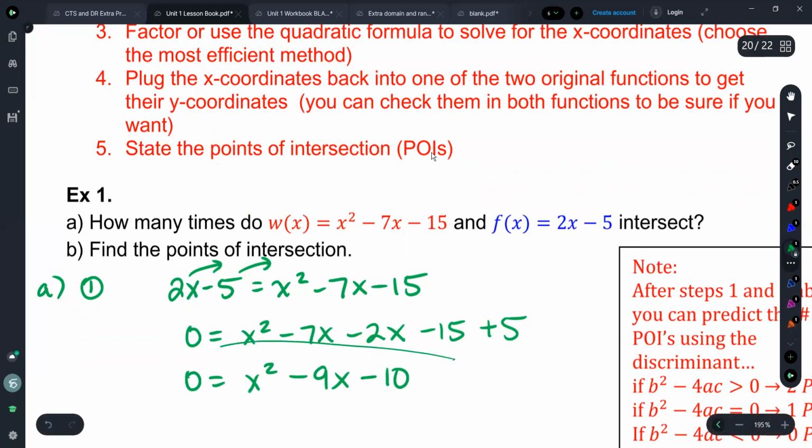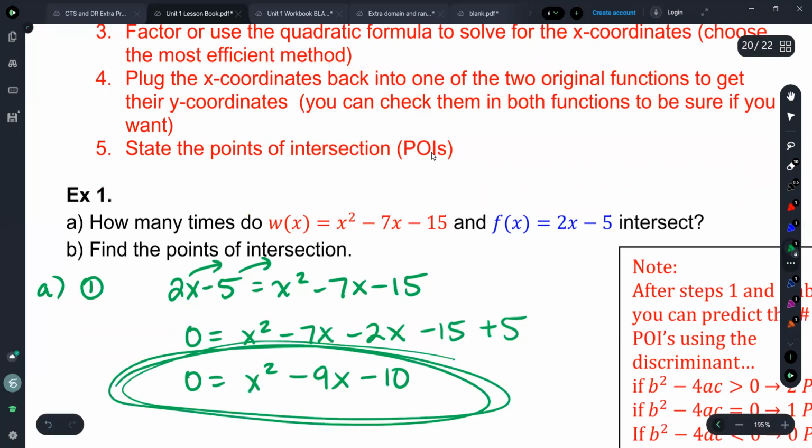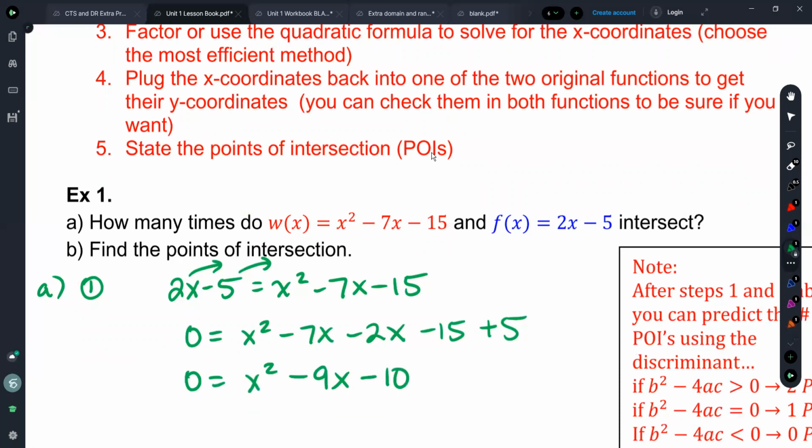And this looks pretty familiar. This looks like something we're kind of used to seeing. Just looks like a regular quadratic now, right? So we know that it's not technically a regular quadratic. We know that it came from trying to find the intersection between a line and a parabola.